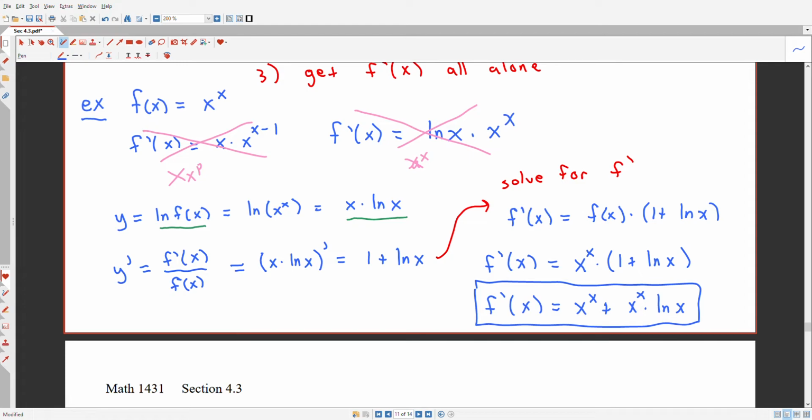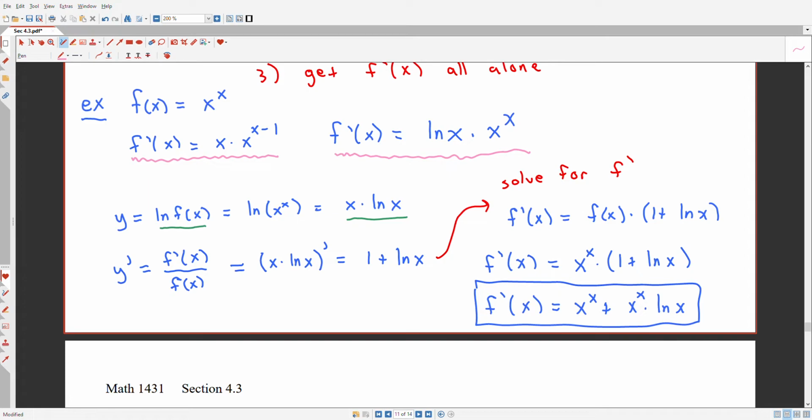So if I go back to my original guesses here, right, how somebody might think about trying to differentiate x to the x, well, you could imagine why somebody would say, I'm going to use the power rule, but that doesn't quite work. I'm going to use the a to the x, the exponential rule, that doesn't quite work, right? Neither one of these rules should apply because this function isn't one.